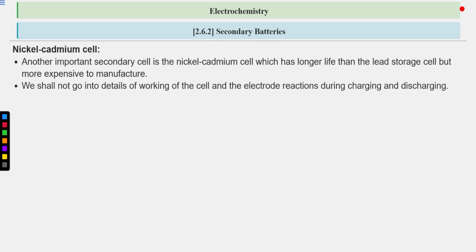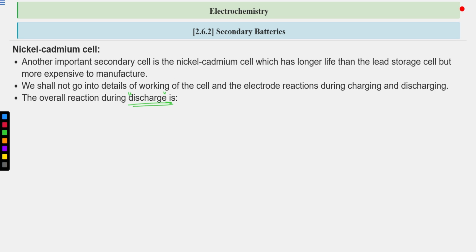We shall not go into details of the working of the cell and the electrode reactions during charging and discharging. The overall reaction during the discharge means the reaction which is happening during the discharge.